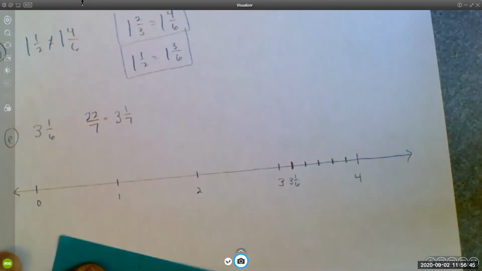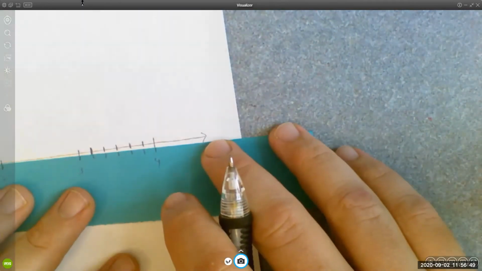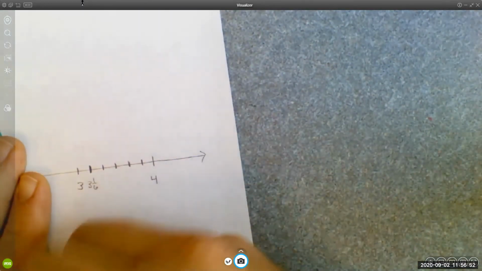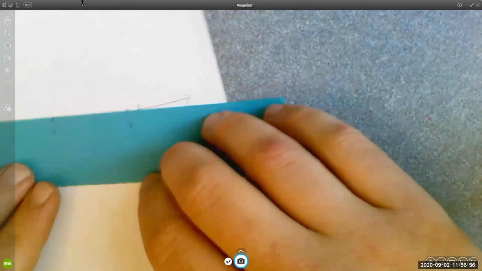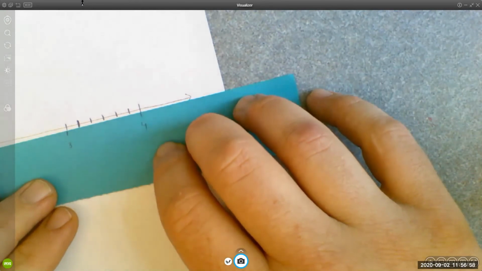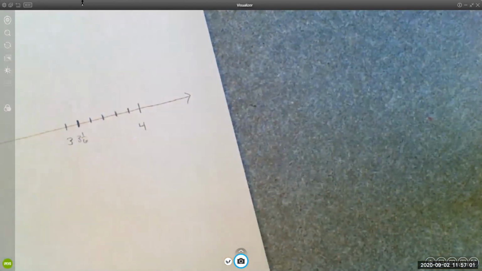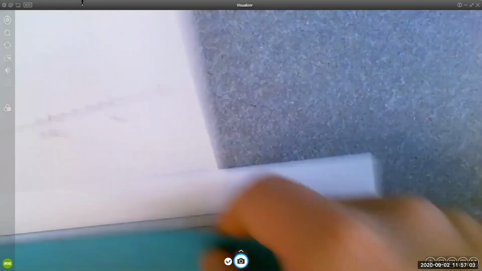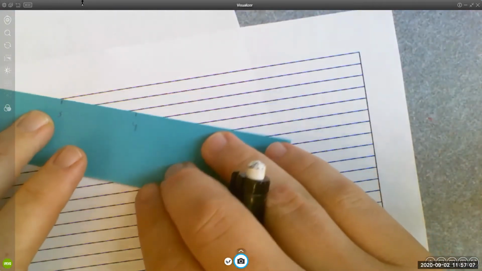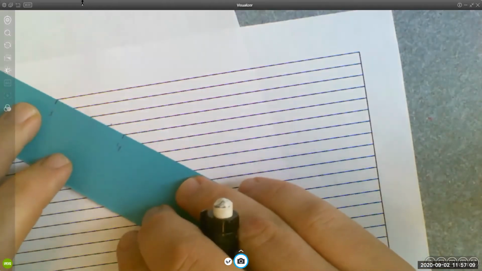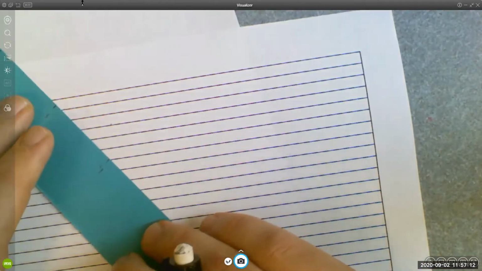So I'm going to split this area between 3 and 4. I'm going to go back and split it into 7 parts now. So I'm going to erase all of the marks that I made earlier, and I'm going to try to split this space into 7 parts. So 1, 2, 3, 4, 5, 6, and maybe I can't do it.